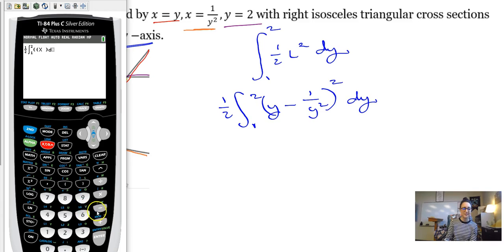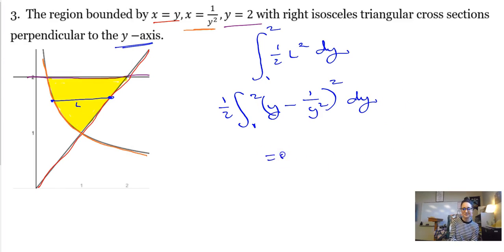I'm just going to put x minus 1 over x squared. Close that set of parentheses, square this, dx, because that's what I'm telling the calculator to use as the dummy variable. And I'm getting 0.619. Okay, all right, you all, that is what I have.